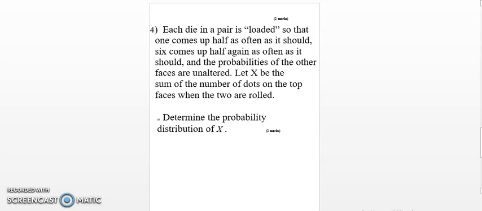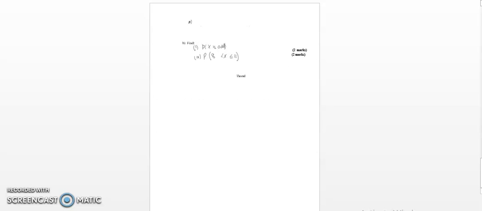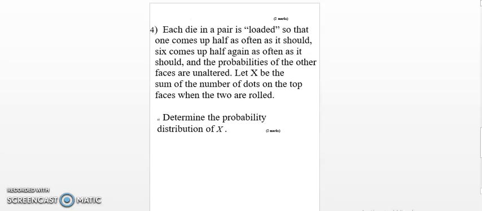The aim here is to evaluate the probability when x is odd and when 8 < x ≤ 11. Let us have the table of distribution.